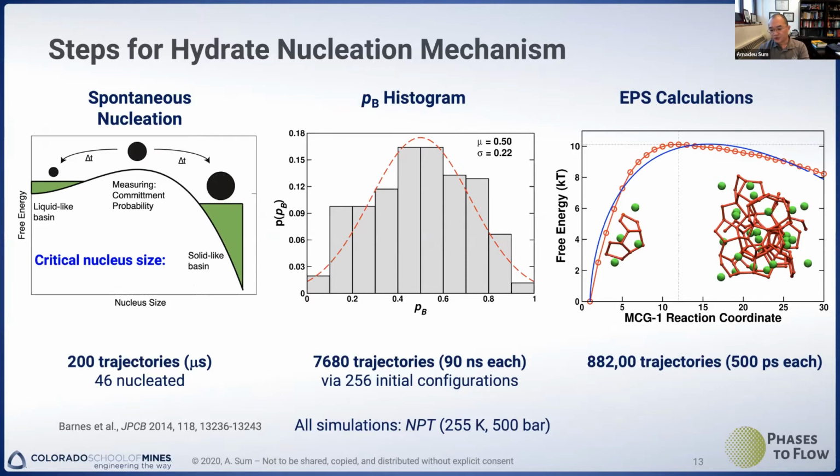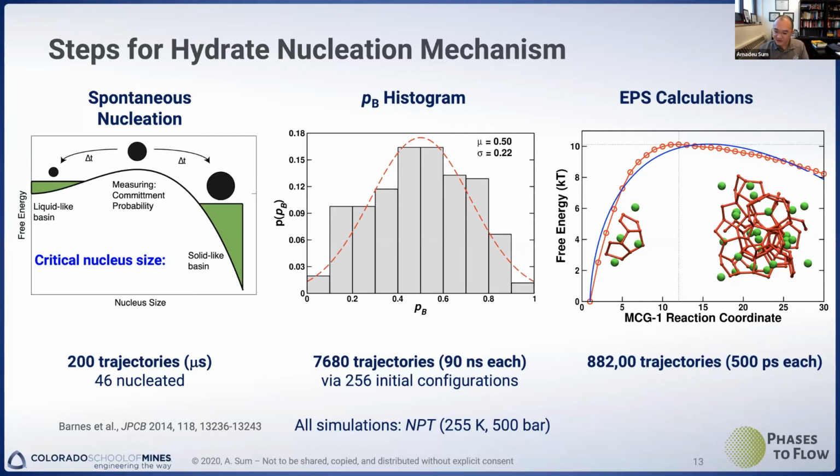And then you want to be able to calculate or determine the free energy barrier for the nucleation. And so we have done one of these studies and performed many thousands of simulations to arrive at the results that you see shown in this slide.